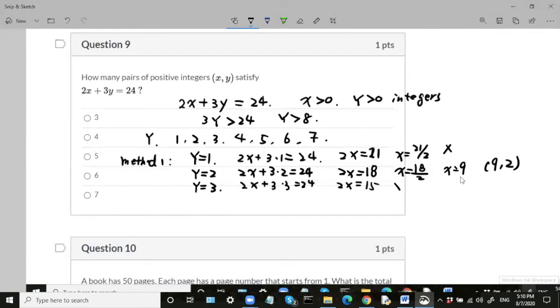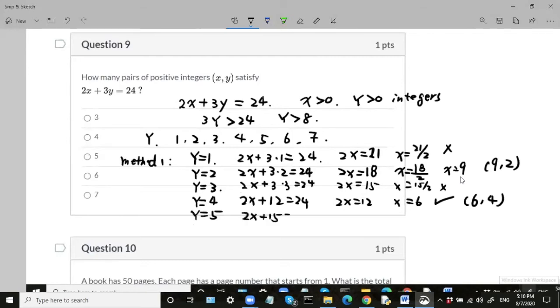So x equals 15 over 2, doesn't work. y equals 4, and 3 times 4 is 12, 2x equals 12, x equals 6, so it works. So then it's 6, 4. And y equals 5. 2x plus 15 equals 24. 2x equals 9. So x equals 9 over 2, doesn't work.